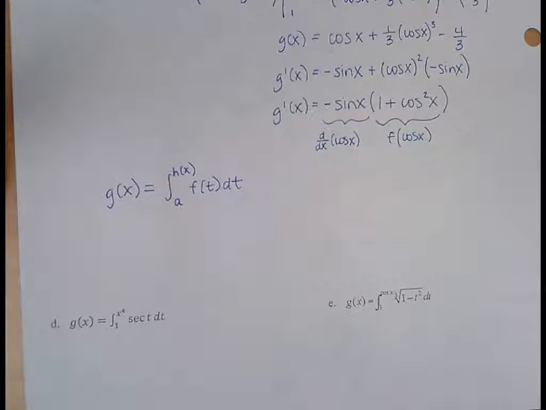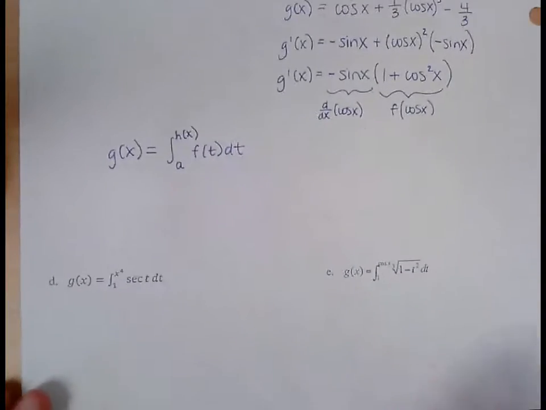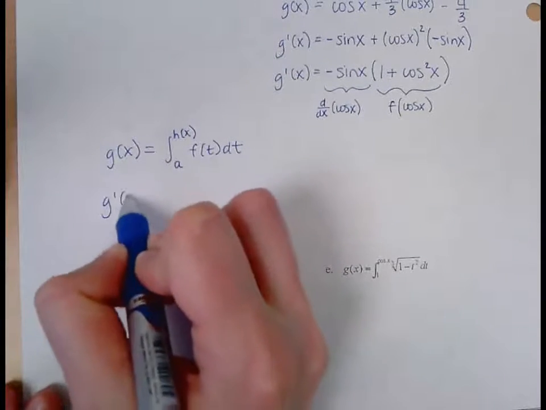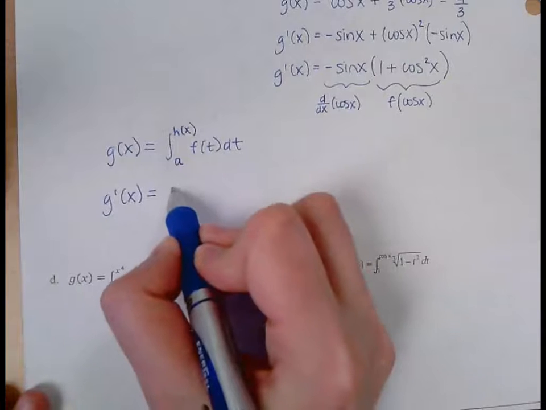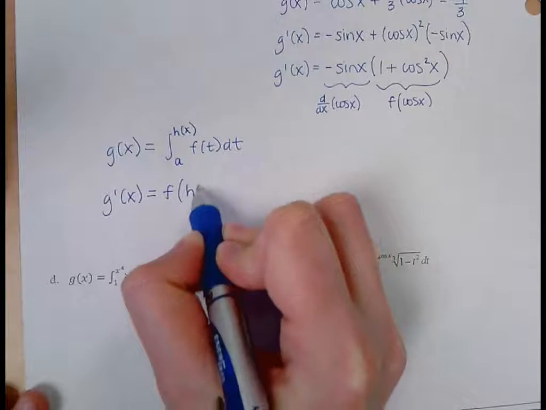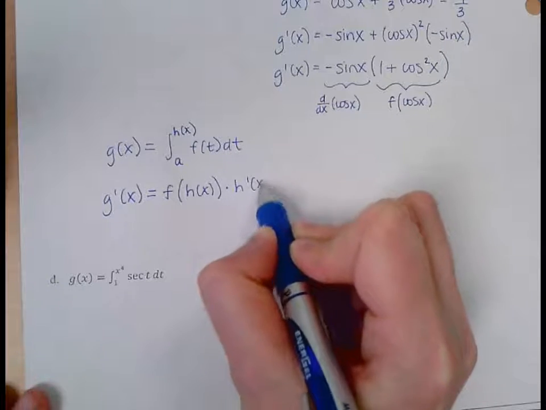Still by part 1 of the fundamental theorem of calculus, so that you don't have to do this process every single time, you can find g prime of x by finding f of h of x times h prime of x.